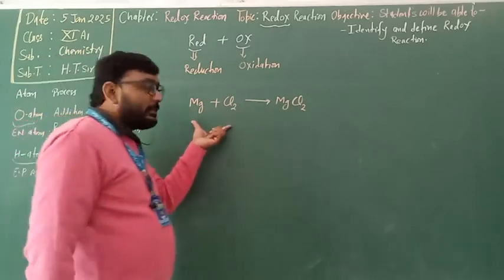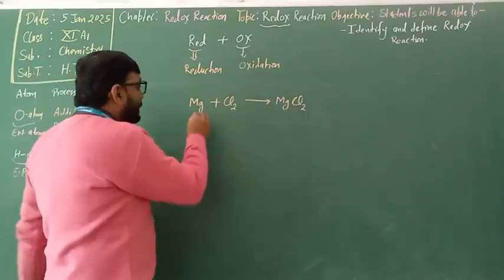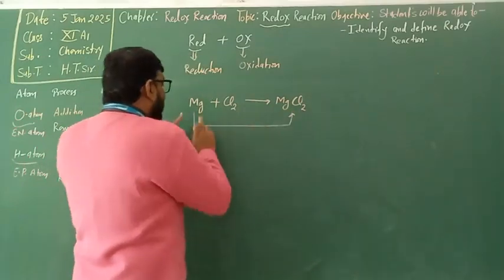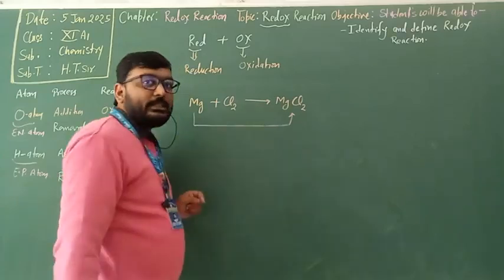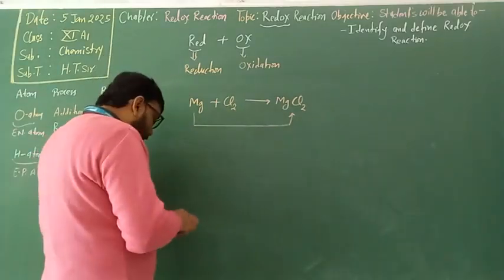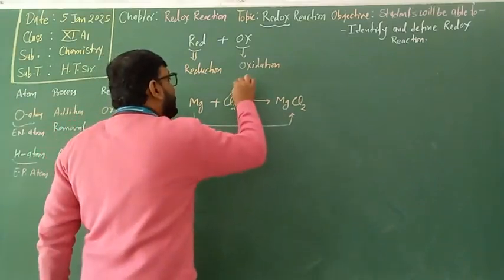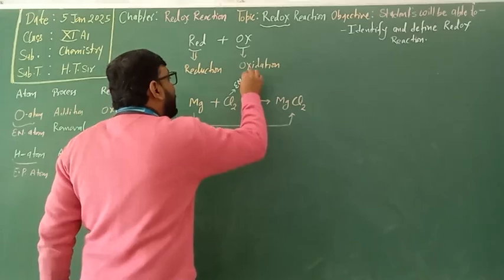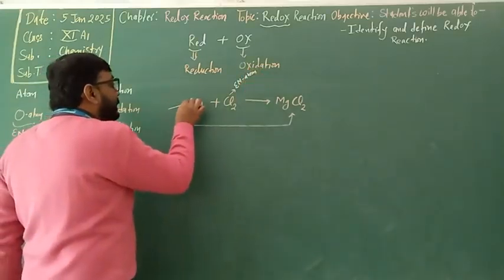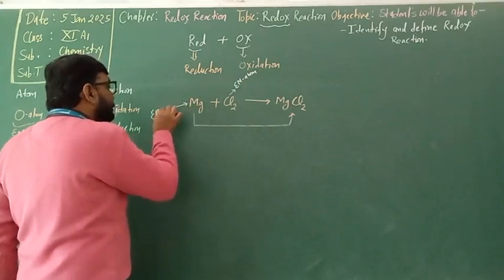Now look at what is happening here. What changes do we observe when magnesium gets converted to magnesium chloride? The nature of chlorine is that it is an electronegative atom, and magnesium is an electropositive atom.